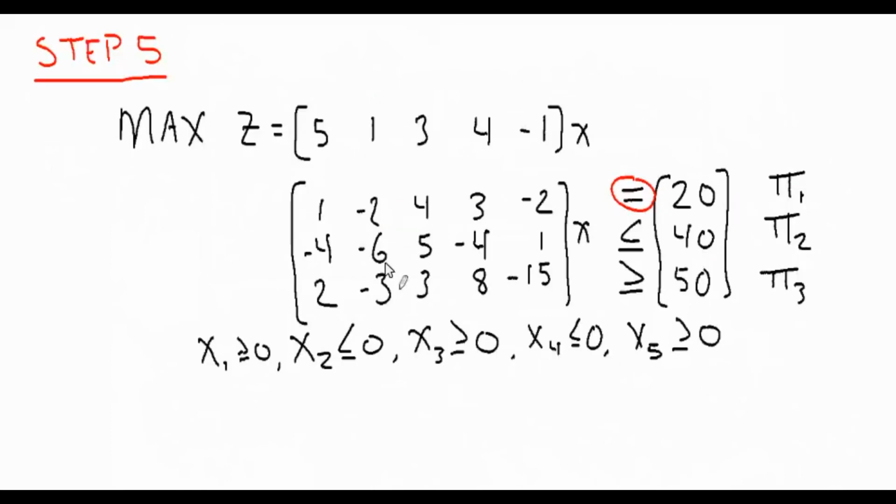So now let's look at the second primal constraint and the sign restriction on the second dual variable that corresponds to it. So to get the sign restriction on pi sub 2, we look to see this is a maximization problem, and the relevant inequality here is less than or equal to. So it's the less than or equal to and the max that will drive the sign restriction on pi sub 2.